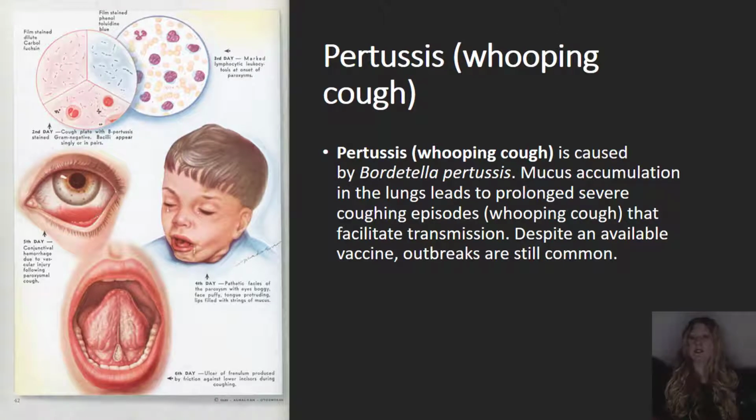Pertussis, or whooping cough, is caused by Bordetella pertussis. Mucus accumulation in the lungs leads to prolonged severe coughing episodes, or whooping cough, that facilitates its transmission. Despite an available vaccine, outbreaks are still common.